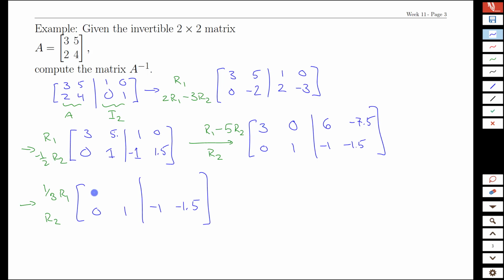And then we have the 3 divided by 3 is 1, 6 divided by 3 is 2, and 7.5 divided by 3 is 2.5, and negative. And so this is our A inverse, or writing it separately, A inverse is equal to the matrix 2, negative 2.5, negative 1, negative 1.5.